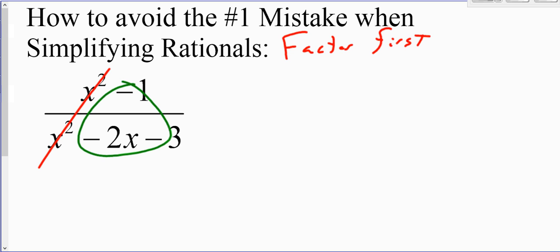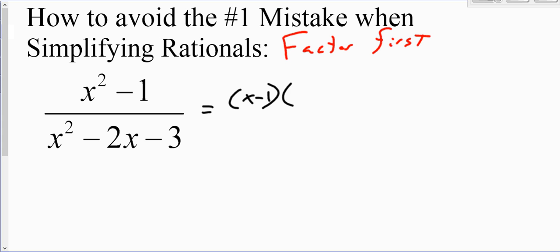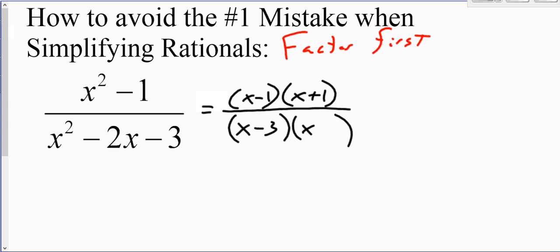Okay, so if we factor first, we can see the numerator is the difference of squares, so we're going to get x minus 1 times the quantity x plus 1. The denominator we can factor into the quantity x minus 3 and x plus 1.